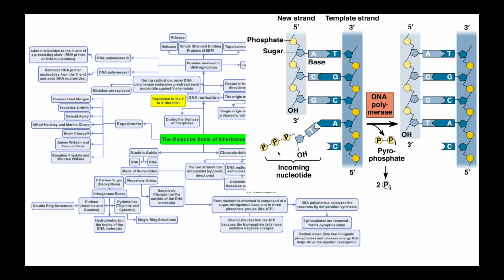And then when they bind to the nucleotide strand to the DNA, DNA polymerase is going to use dehydration synthesis to cleave off the last 2 phosphates to create something called pyrophosphate. And that's going to be broken down into 2 inorganic phosphates. The energy that is released there is going to be used to help facilitate this process.